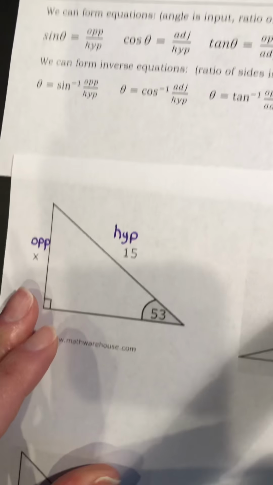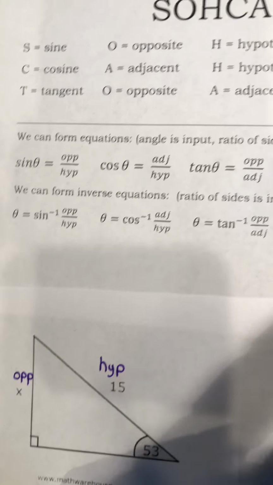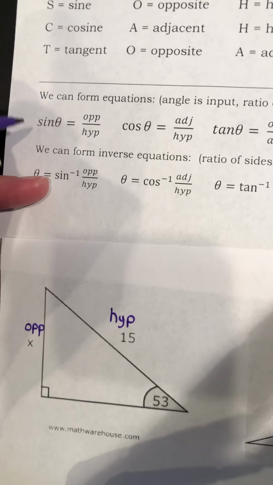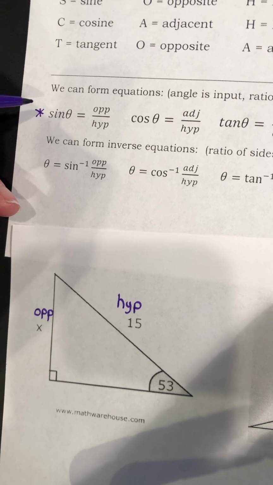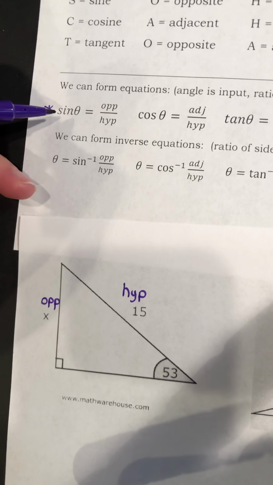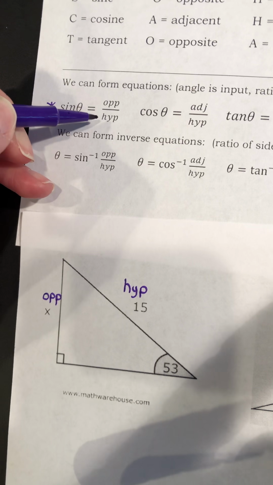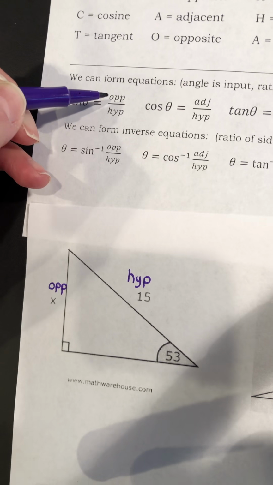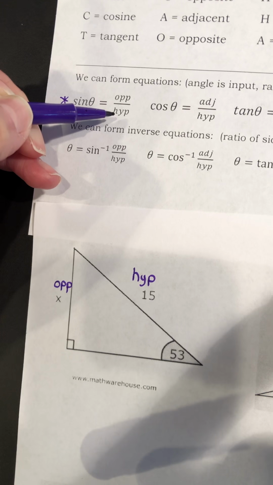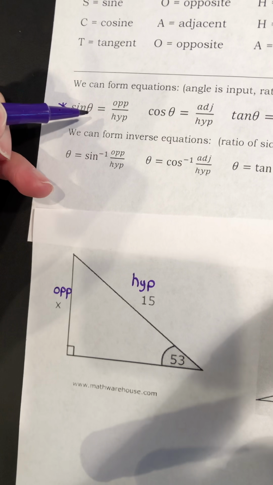So let's look back in our notes to our original formulas, and we want to definitely go up to the top. These top formulas allow us to find missing sides. I want to use sine of theta equals opposite over hypotenuse because I am looking for the opposite side and I know the hypotenuse. I'm also given theta.